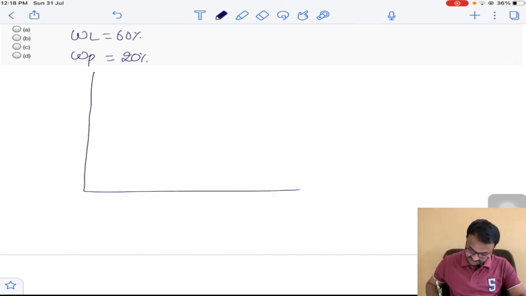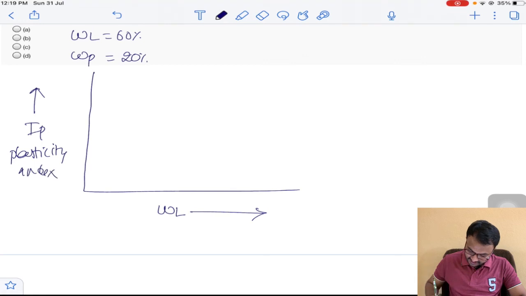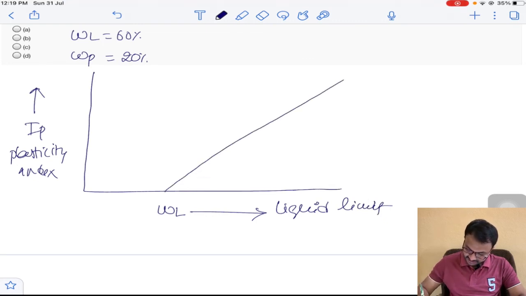That chart is drawn with liquid limit on the x axis and plasticity index on the y axis. This is plasticity index and this is liquid limit. So here there is one line, we call it the A line.